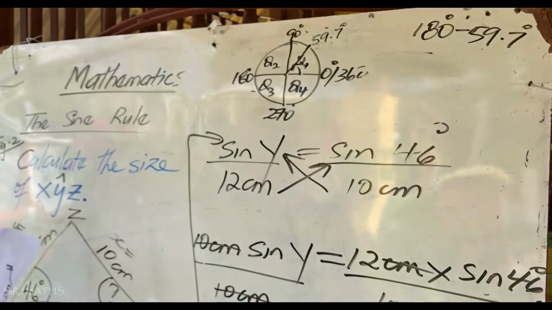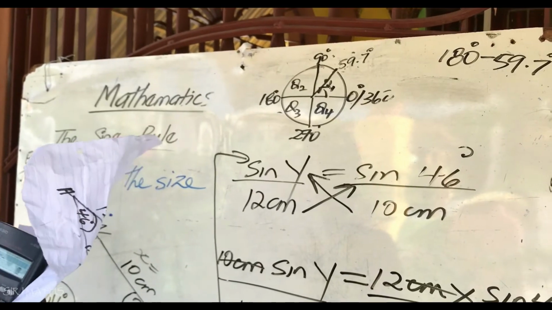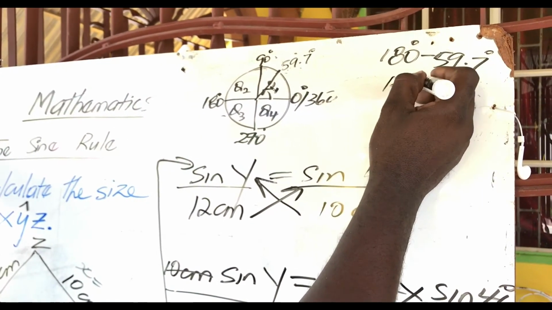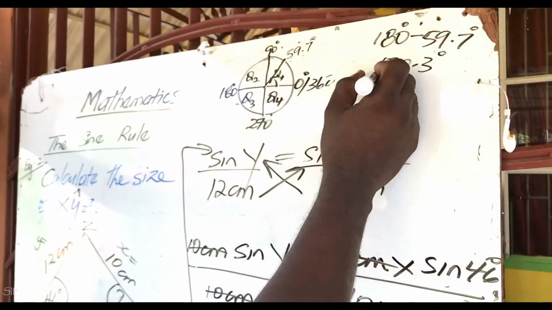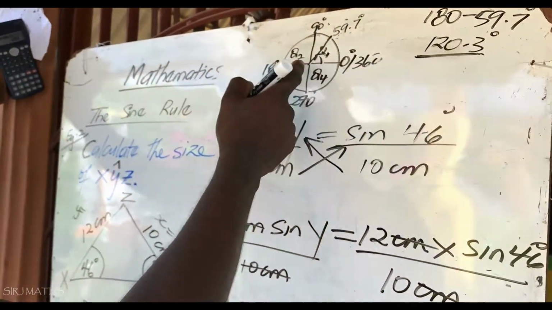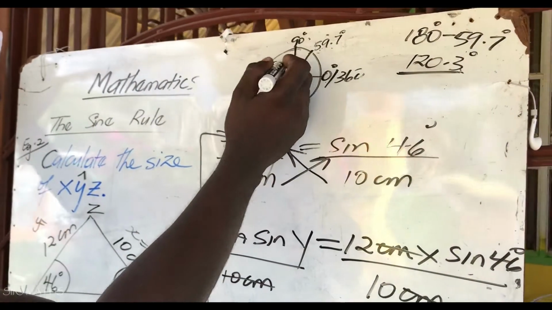All right, let me get a calculator. We have 180 minus 59.7. We have 120.3 degrees.